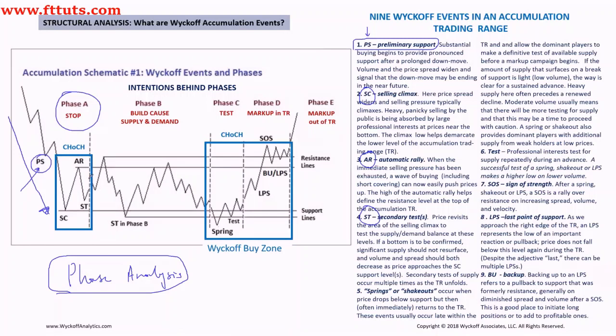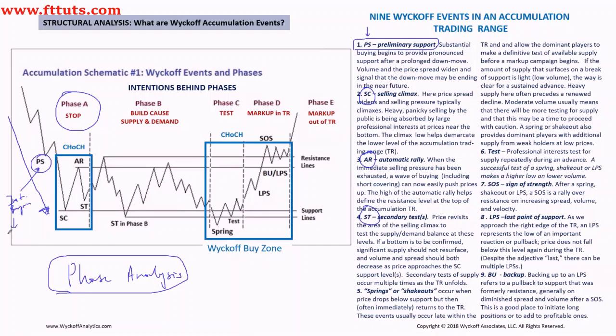Coming back to phase A. Preliminary support is the first attempt to stop the price from moving further down. And usually, this is still going to be an institutional activity and some institutional buying.